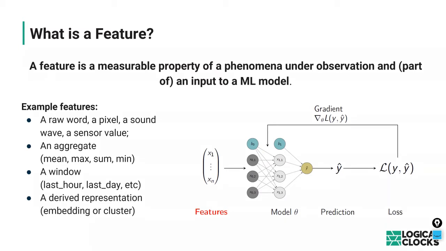But often what we find is if you're working with tabular data at the back end, so you have relational databases and data lakes, we typically take that data and we compute often aggregates over that data, maybe means, sums, min, max. If we're working with real-time features, often we have windows. So we might want to know the number of transactions a user has executed in the last hour or in the last 10 minutes, maybe the number of items they have in their shopping cart or the average number.